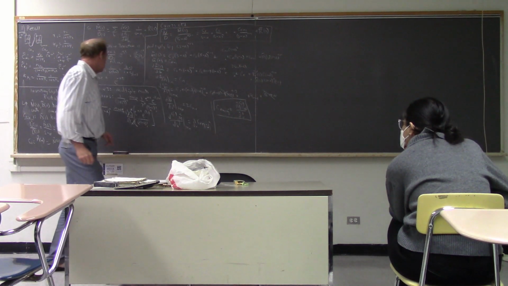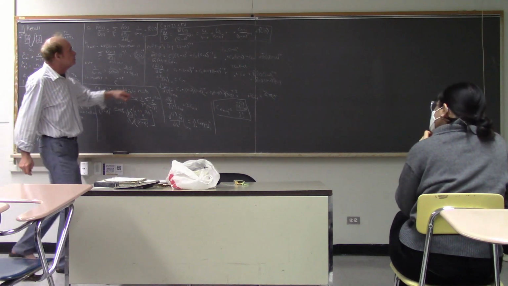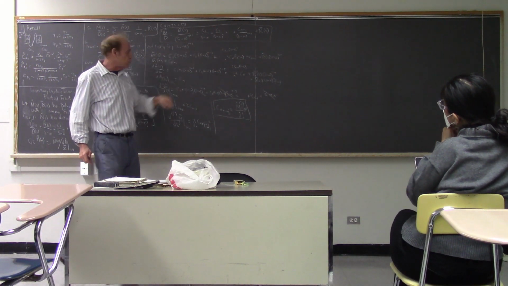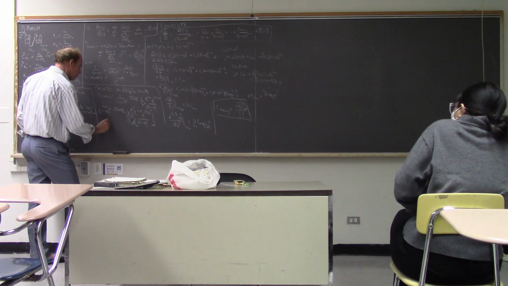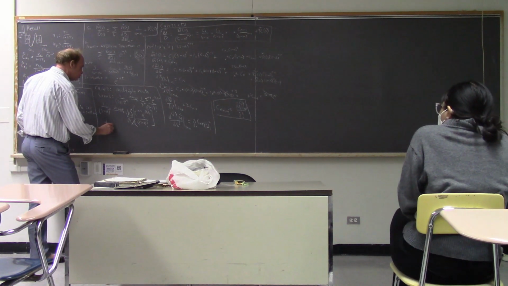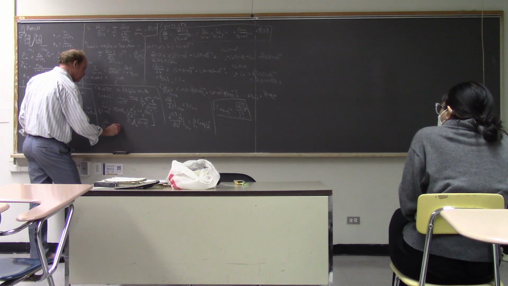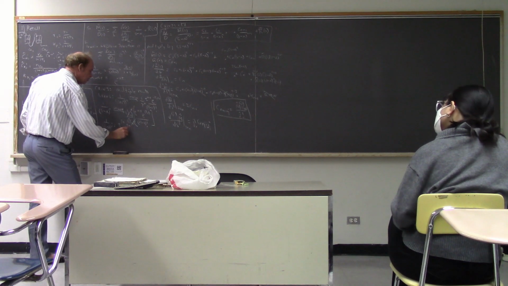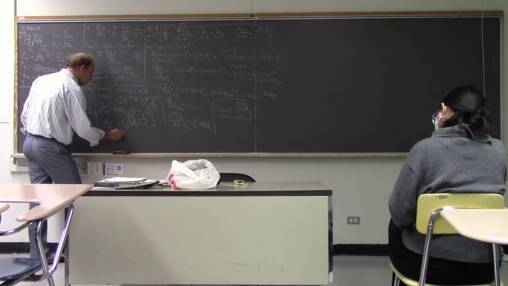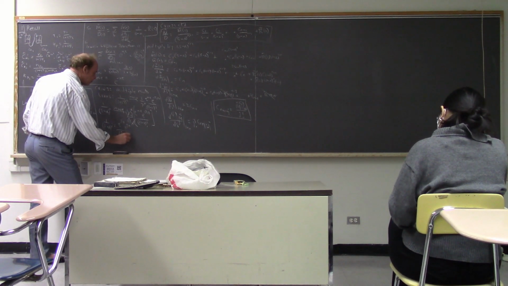So now I know what each of the coefficients is. It's this. And I know what the inverse of s minus alpha to a power is. 1 over (s minus alpha) to the j is just t to the j minus 1 e to the alpha t over (j minus 1) factorial.